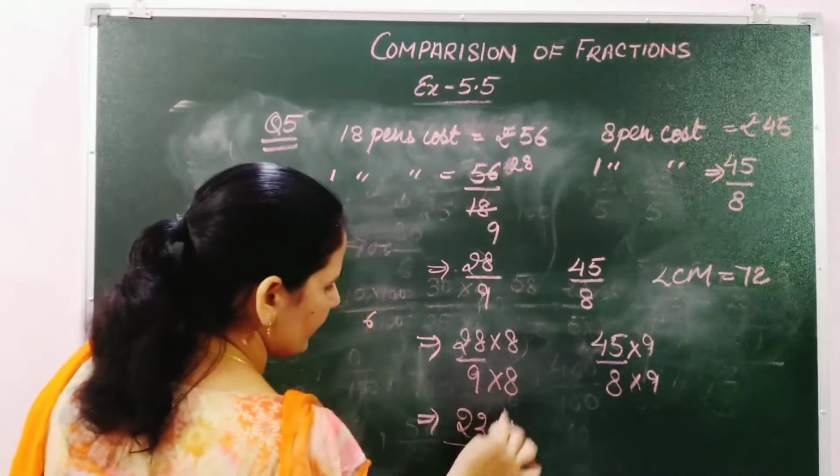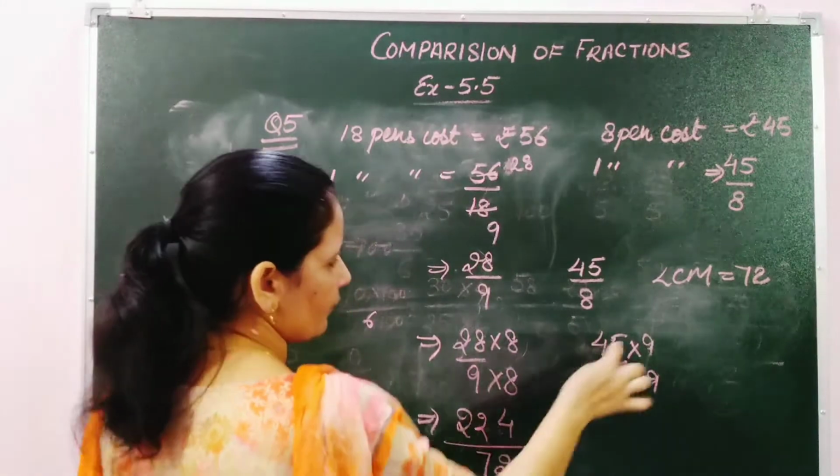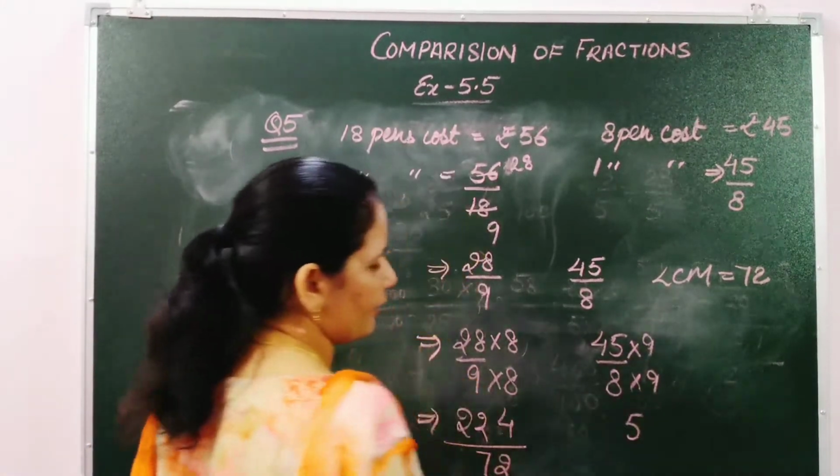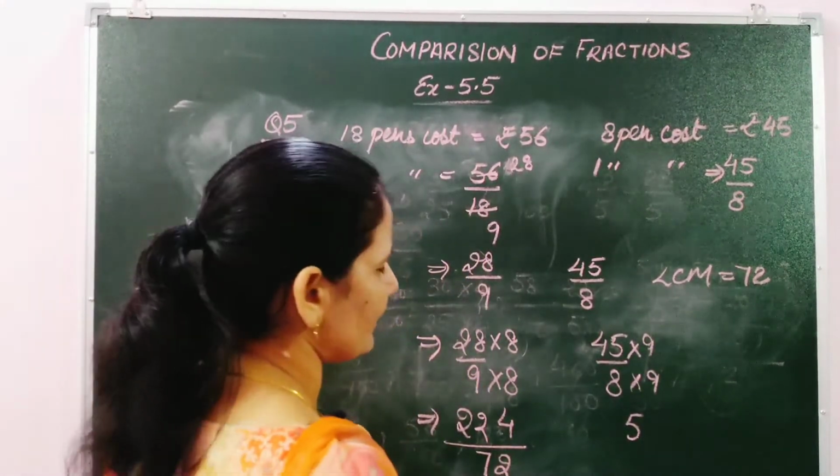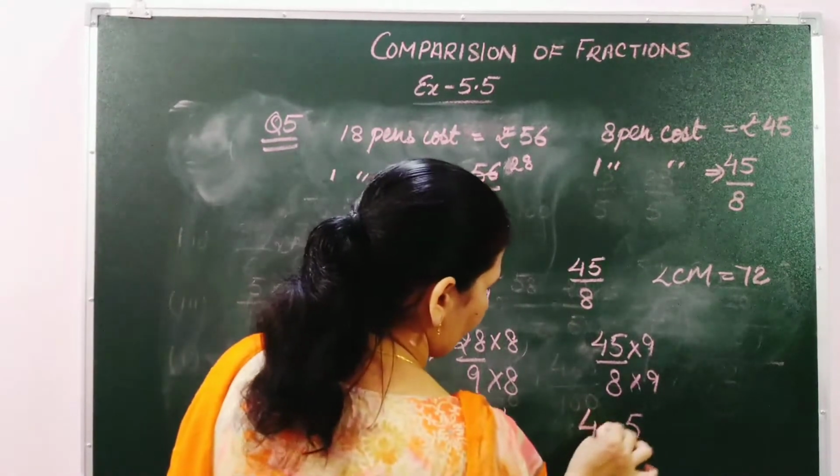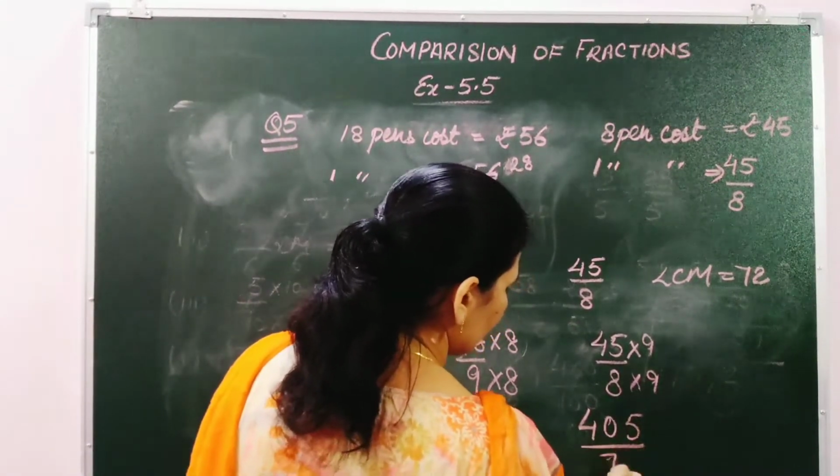And downside 9 8s are 72. 9 5s are 45, carry 4. And 9 4s are 36, 36 plus 4 is 40. And 8 9s are 72.